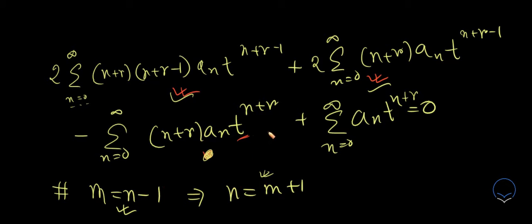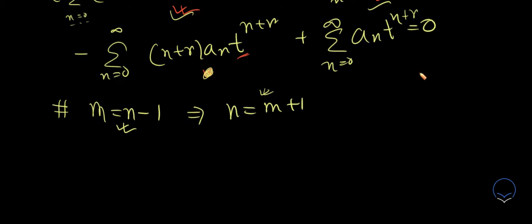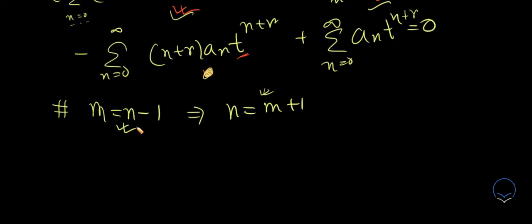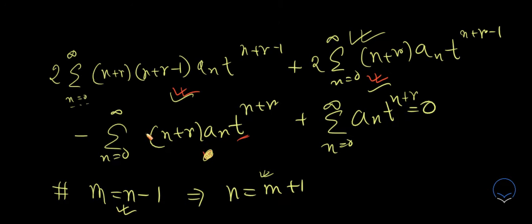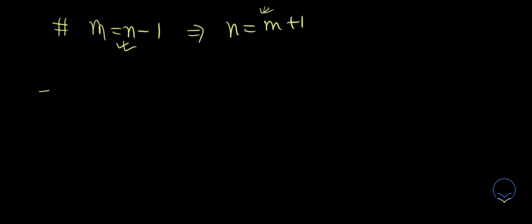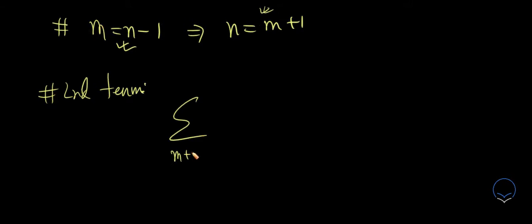obviously I can show you one term at least. So let me just show this term. For this term, both of these terms have a t to the power n plus r minus 1 term. So let me just calculate and show you what will happen if you do that. So we are going to use this substitution, n equals m plus 1, and for the second term you will get the sum from m plus 1 equals 0 to infinity, that means just m starting from minus 1.